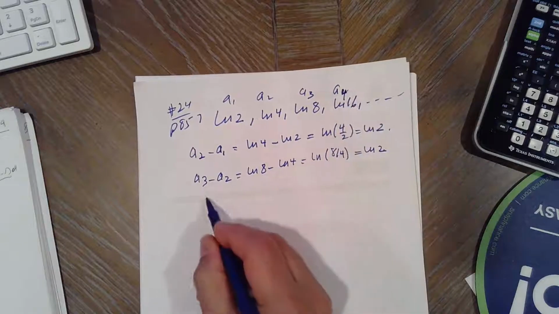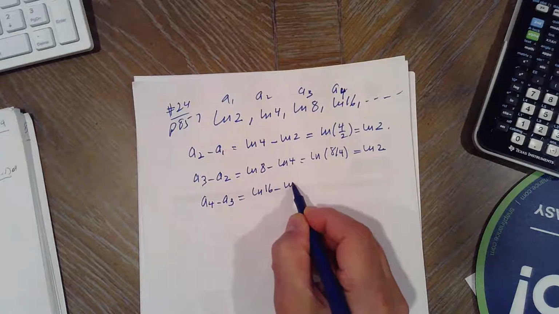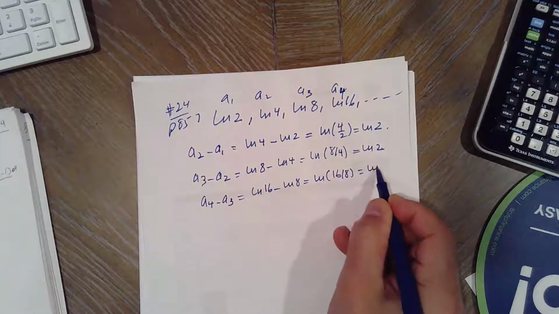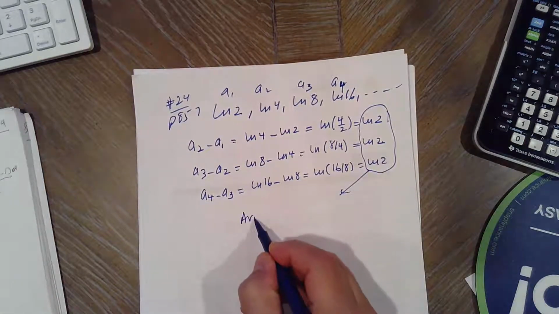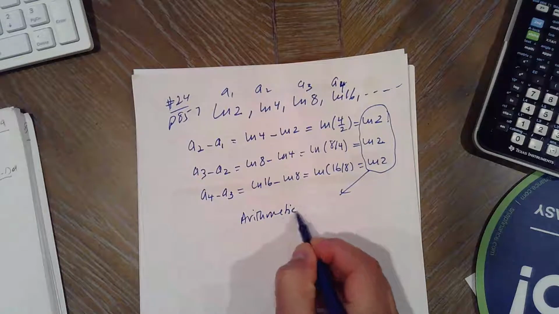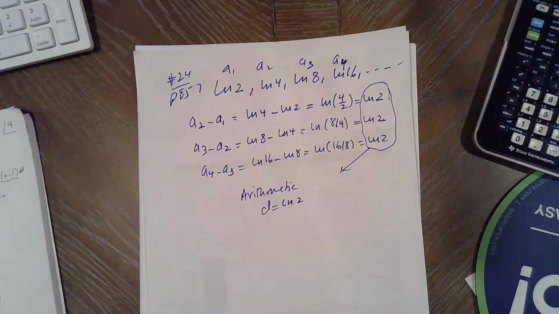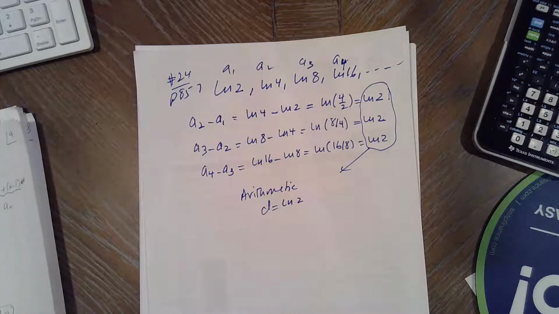Now a4 minus a3, ln of 16 minus ln of 8, ln of 16 over 8, ln of 2. So they're all giving me the same common difference, so it is arithmetic with a common difference of ln of 2. If so, find the common difference, which we did.